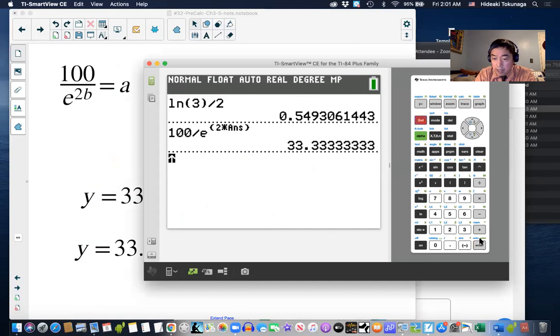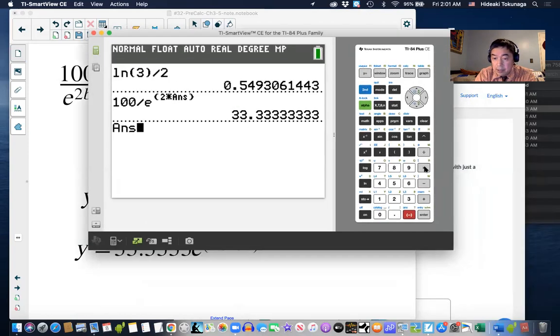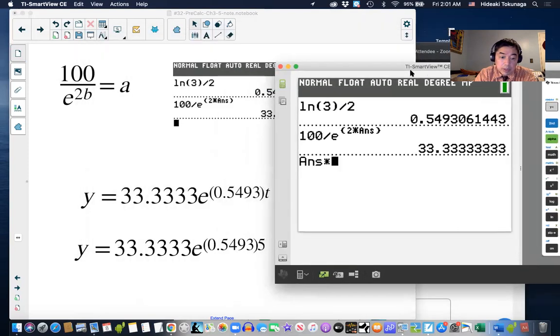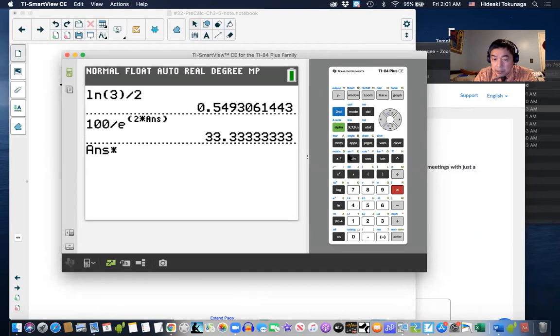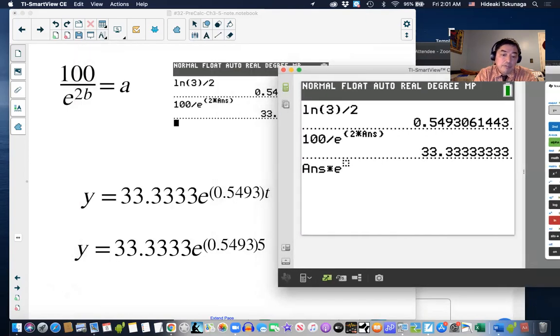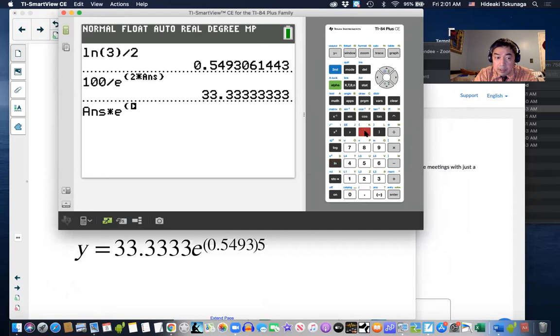Let me use the answer here: answer times E to the exponent 0.5493 times, and I put 5 times first, 5 times 0.5493, and then close the bracket.